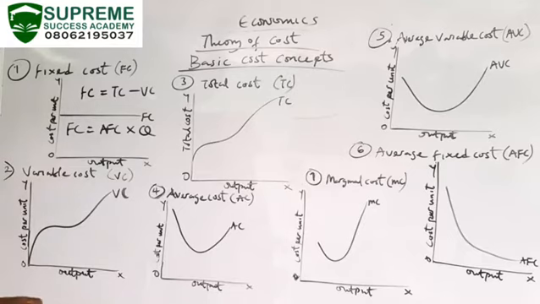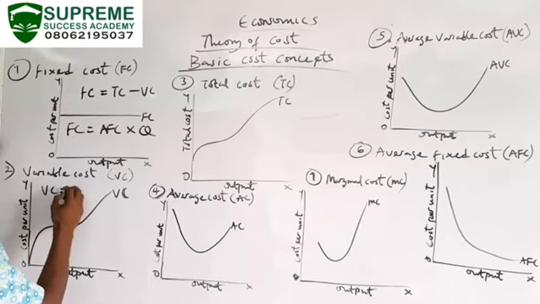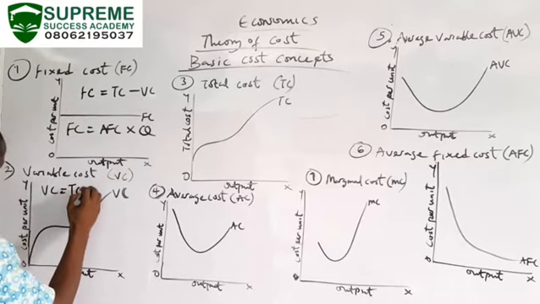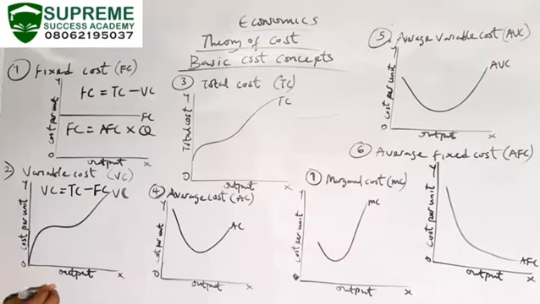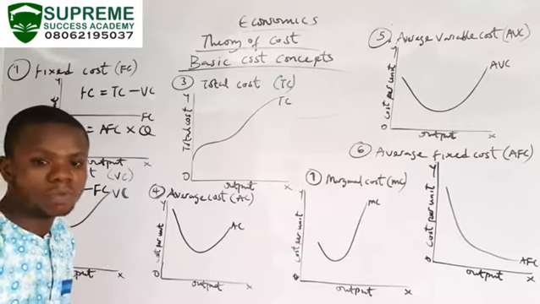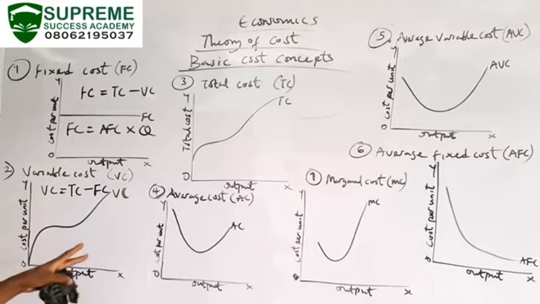The formula for variable cost is: variable cost equals total cost minus fixed cost. Remember, variable cost will always vary.